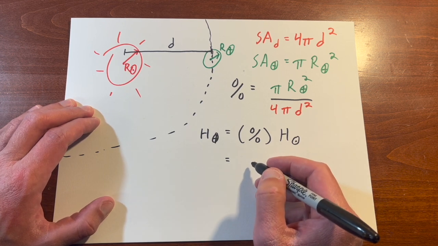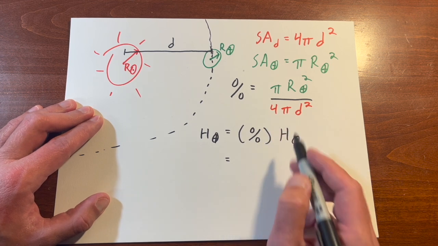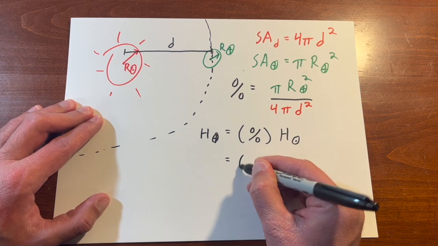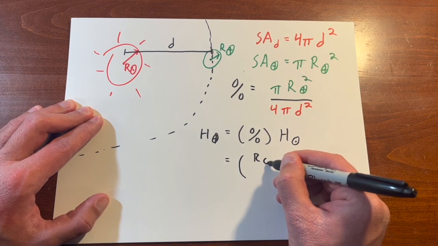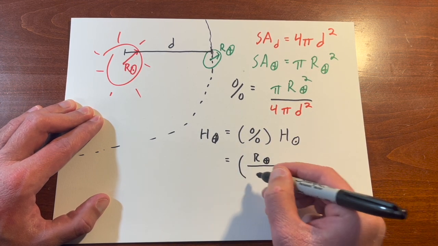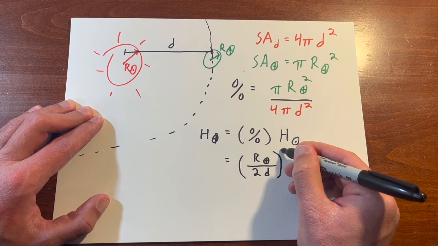And then also we can recognize that 4 is 2 squared. So let's just rewrite the percentage part here, all under 1 square.